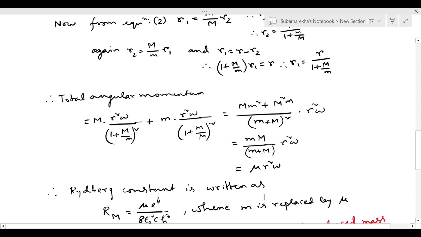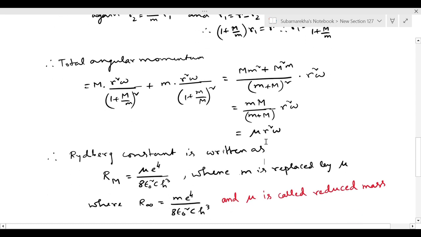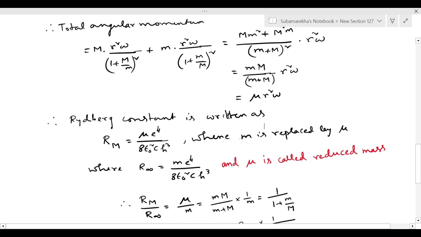The Rydberg constant for the condition of finite nuclear mass is represented by mu e to the power 4 by 8 epsilon square c h cube, instead of m e to the power 4 by 8 epsilon square c h cube. So you must now understand why we wrote R infinity when the mass of the nucleus is infinite.